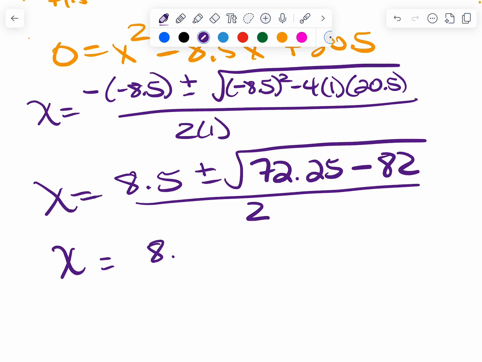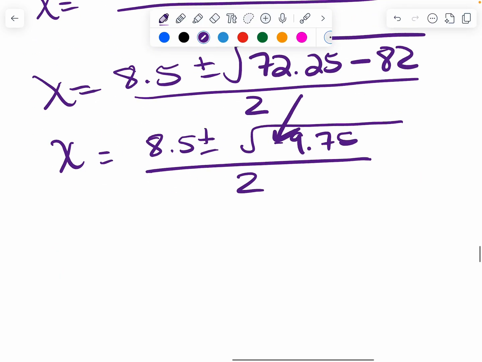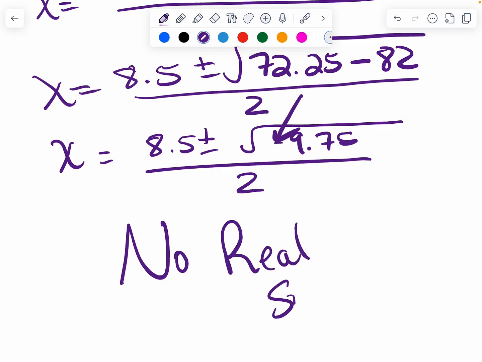And that's going to get me 8.5 plus or minus the square root of negative 9.75, all over 2. The fact that this is a negative sign, you do not know how to do that yet. No real solution. You will know how to do that in the next module.